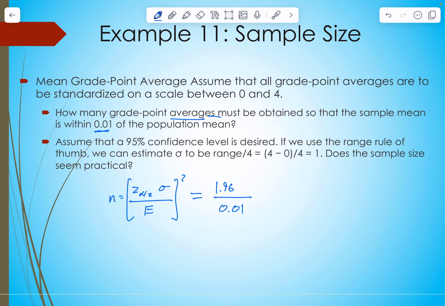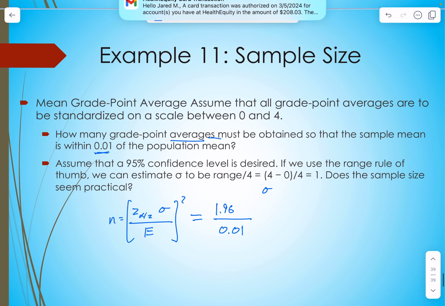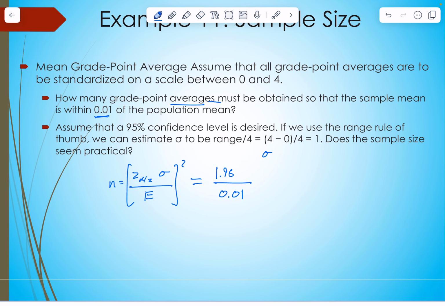And so I need an estimate of sigma, and so in order to get that, we'll have sigma to be 1, using the range rule of thumb here.